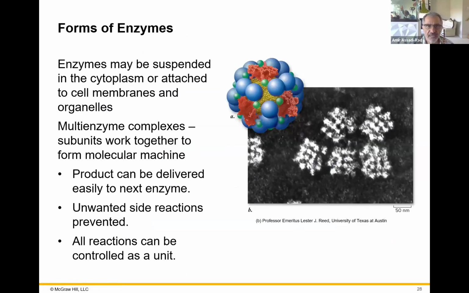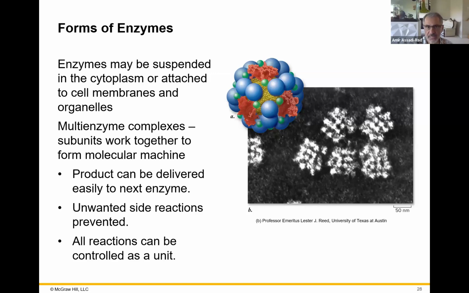So, forms of enzymes. Enzymes may be suspended in the cytoplasm or attached to the cell membrane and organelles. They're all over. In multi-enzyme complexes, subunits work together to form a molecular machine. There are a few very important enzymes in cellular respiration like this. It's a complex of things, not just one enzyme as simple as sucrase or lactase.